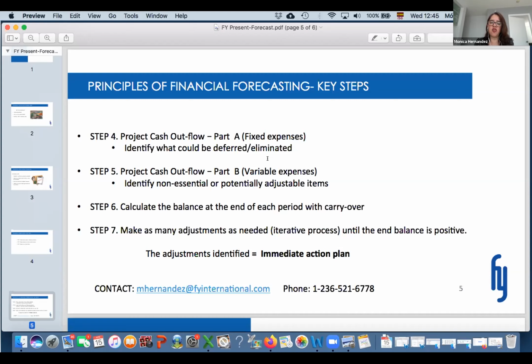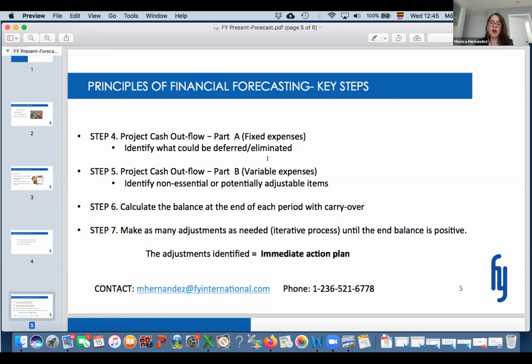Once you've done that, it's just doing the math: whatever cash in you projected, diminished by the cash outflow, gives you your balance at the end of that period. Keep in mind that you need to consider the carryover, by which I mean whatever initial balance you have at the beginning of the period.